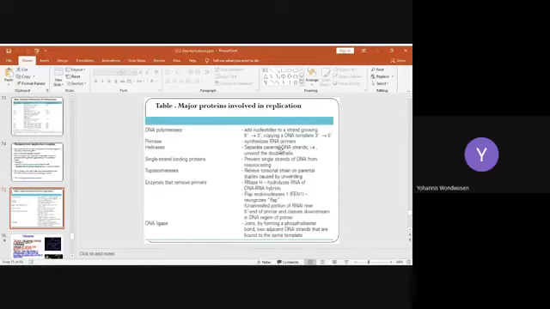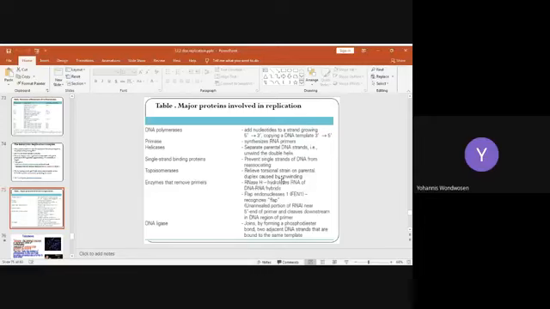Helicase is one of the unwinding enzymes. It separates the parental DNA strands and unwinds the double helix. Single strand binding proteins prevent the single strands of DNA from reassociating, as well as from attack by nucleases. Topoisomerase relieves the torsional strain on the parental duplex caused by unwinding.